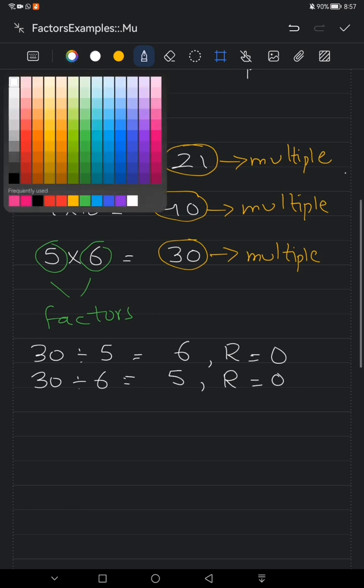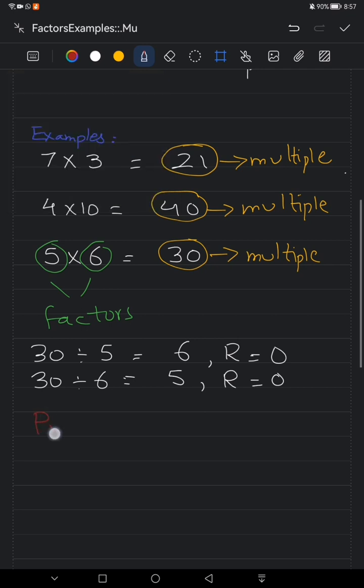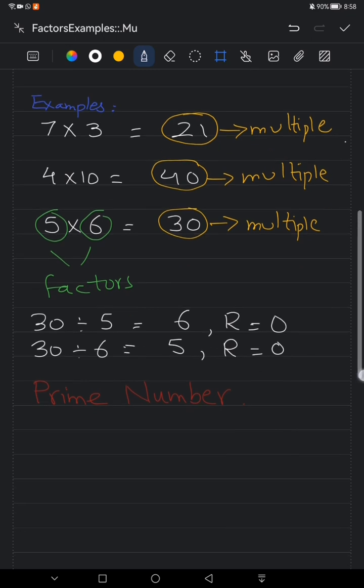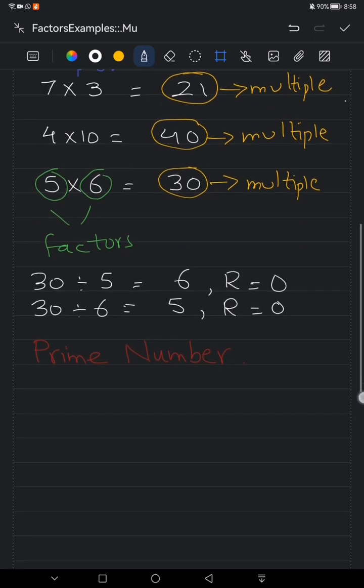Now coming to today's topic, prime numbers. First of all, what is a prime number? A prime number is a number which has only two factors.